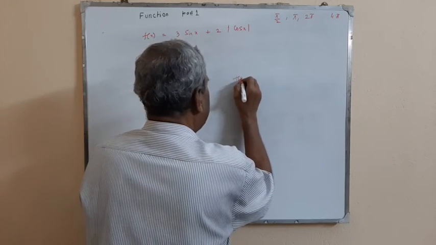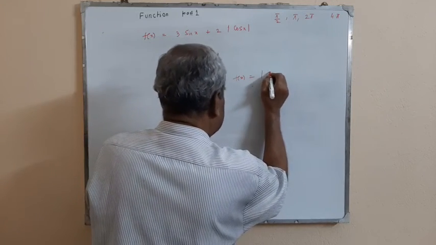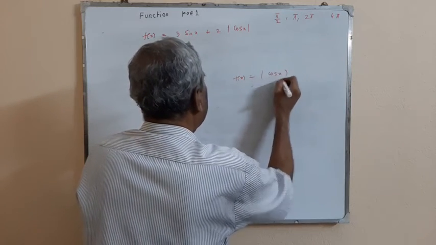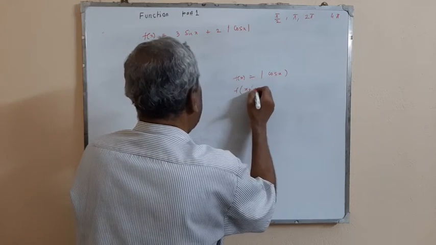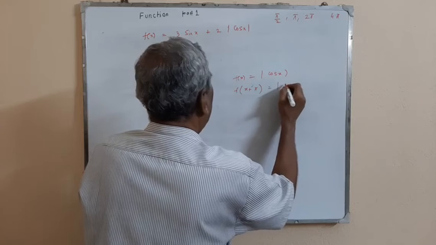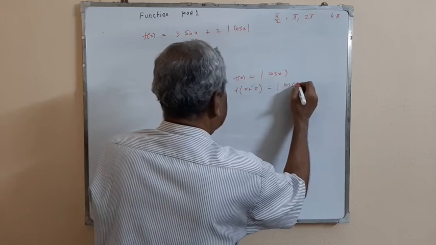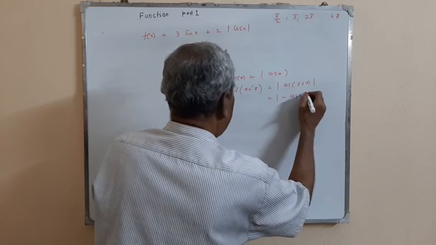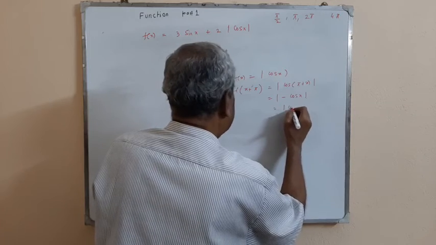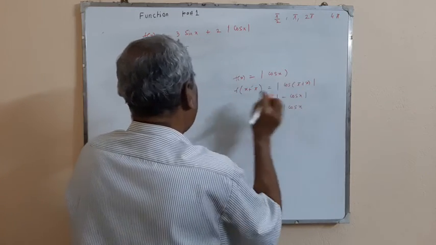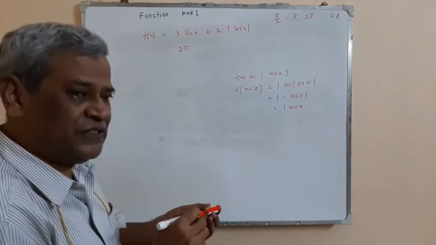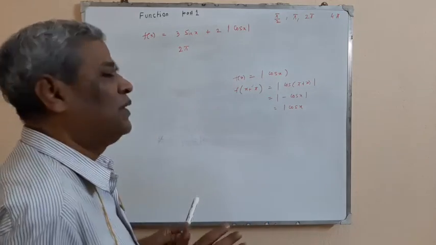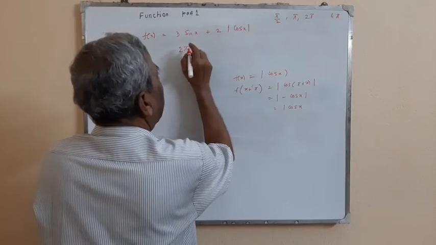Because if f(x) is equal to mod of sin x or cos x, say cos x, then f of x plus pi is equal to mod of cos of pi plus x, which is equal to mod of minus cos x, which is equal to mod cos x. So for mod sin x and mod cos x, the period is pi.